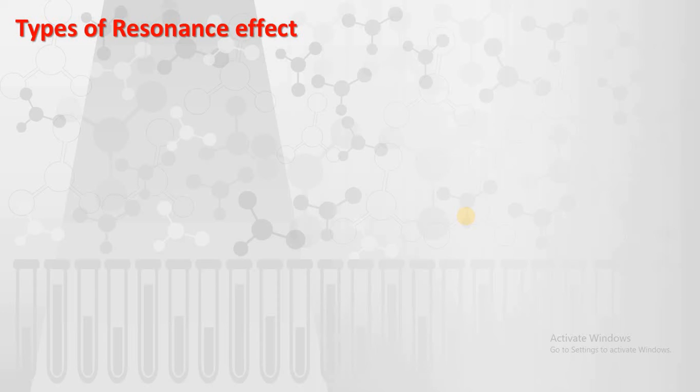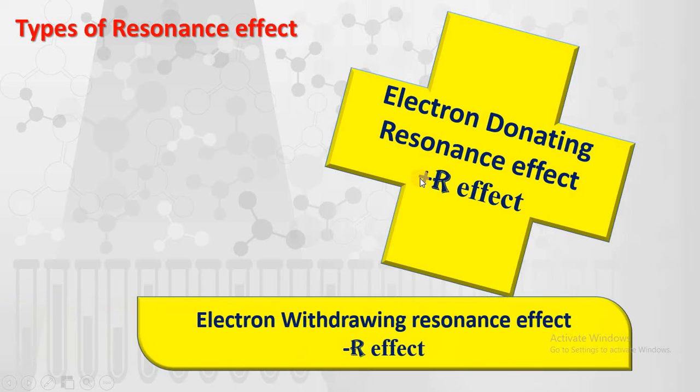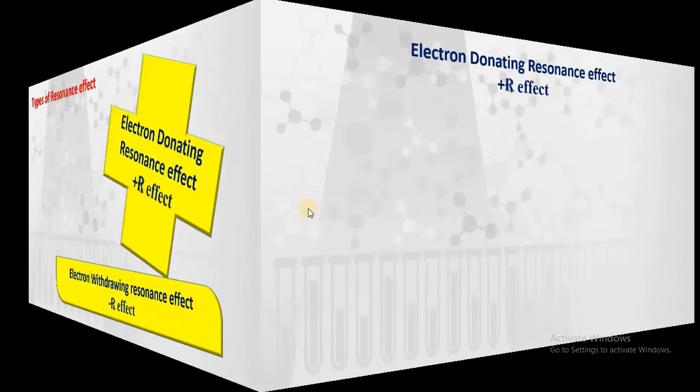Then what are the types of resonance effect? There are two types of resonance effect, again as in the inductive effect. Electron donating resonance effect, that is also denoted by plus R effect, and electron withdrawing resonance effect, that is also denoted by minus R effect. Let us see this in detail.